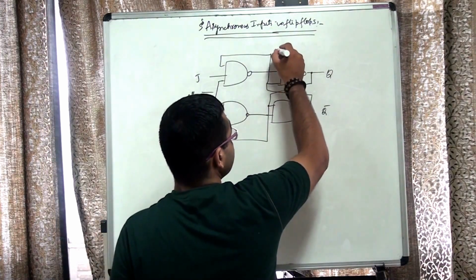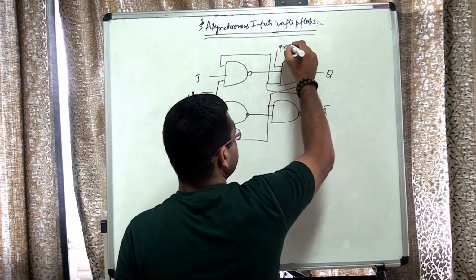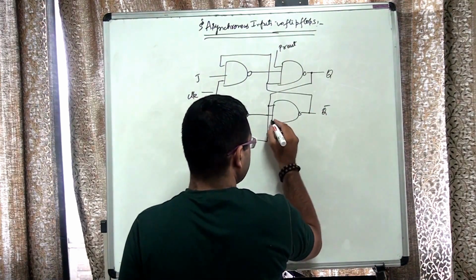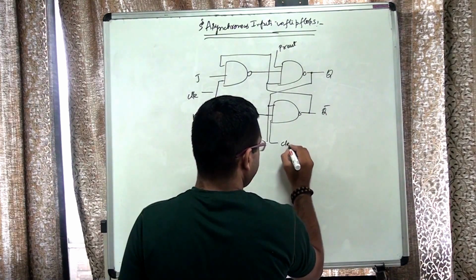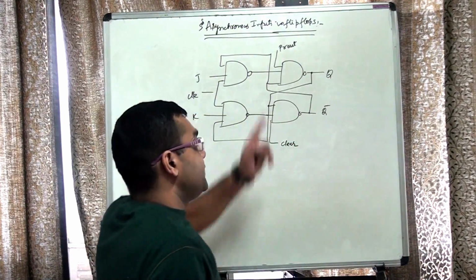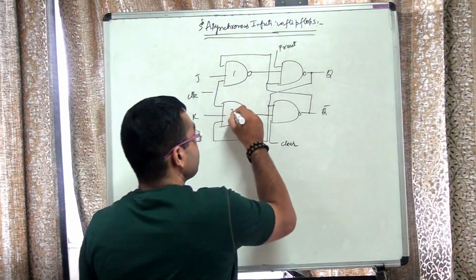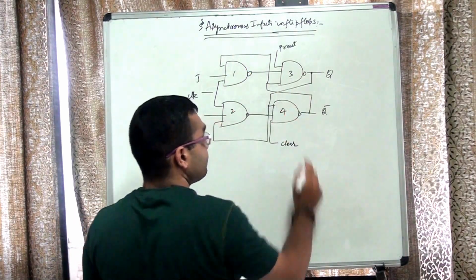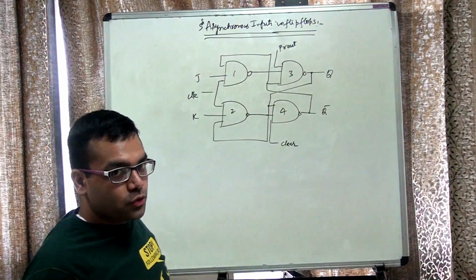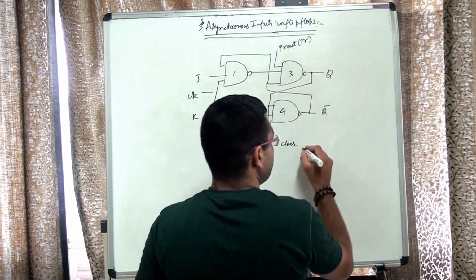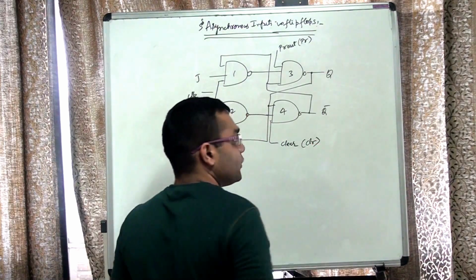Now these, my preset and clear, are actually the asynchronous inputs. Okay. So now why are they called asynchronous? Let us see how. In short, I call this PR and this I call CLR. Okay.